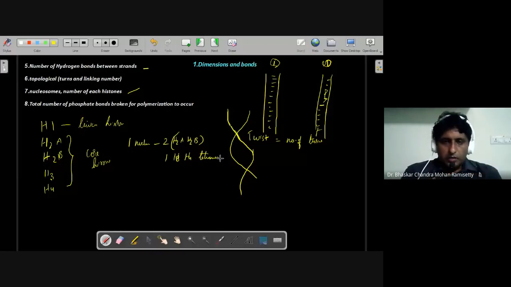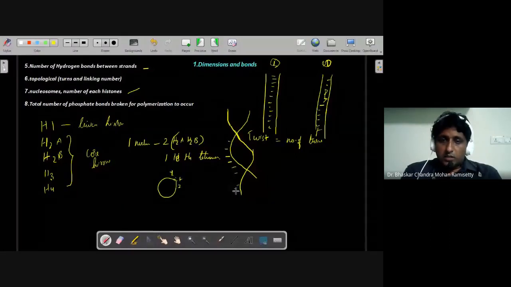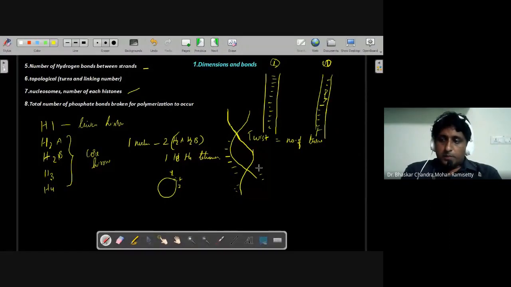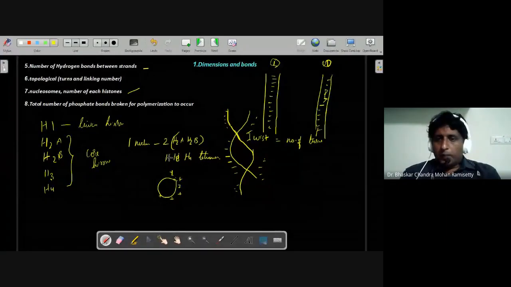They are usually basic amino acids. Why should they be basic? That is because DNA is negatively charged. Why is DNA negatively charged? Because of the phosphate. The phosphate is highly electronegative, and if a protein has to bind to DNA, it must have a lot of positive ions around. So nucleosomes are usually rich in arginine and lysine amino acids on the surface.